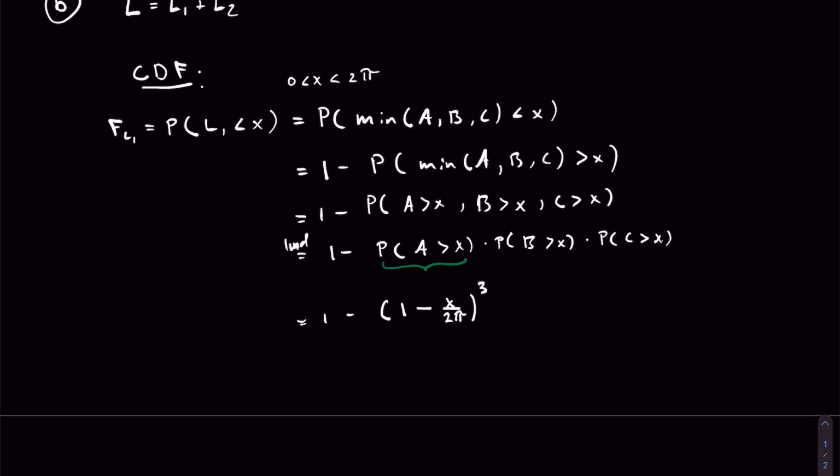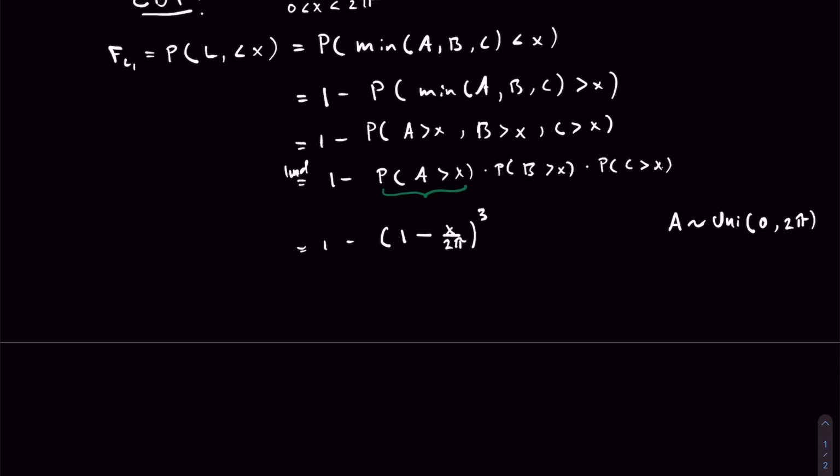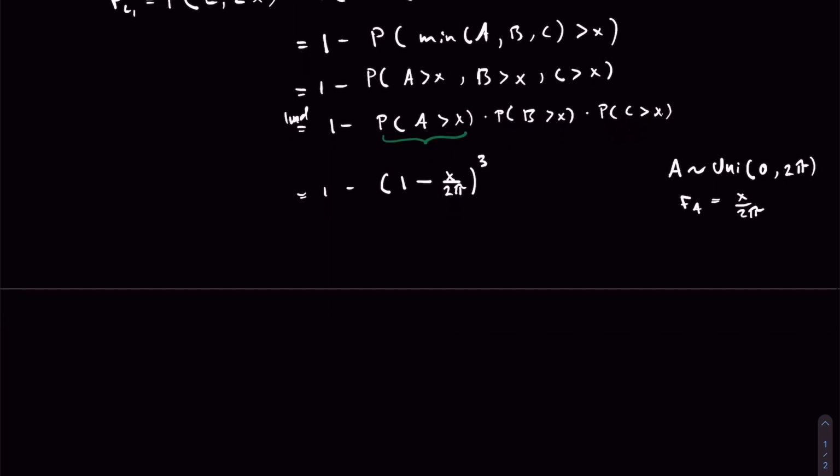So point A, I'm going to write it here to the right, is distributed uniform 0 to 2 pi, like this. And the CDF of A is then x over 2 pi. Okay, and this is where this term is coming from, and this is the same for B and C.